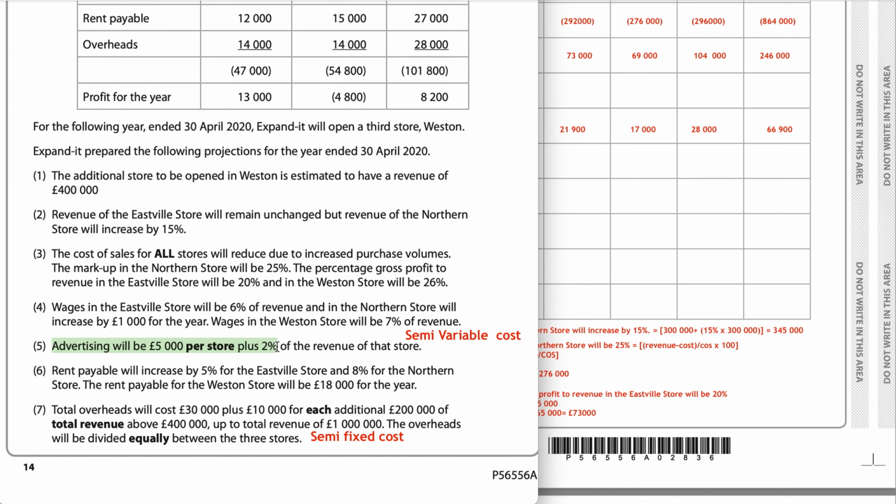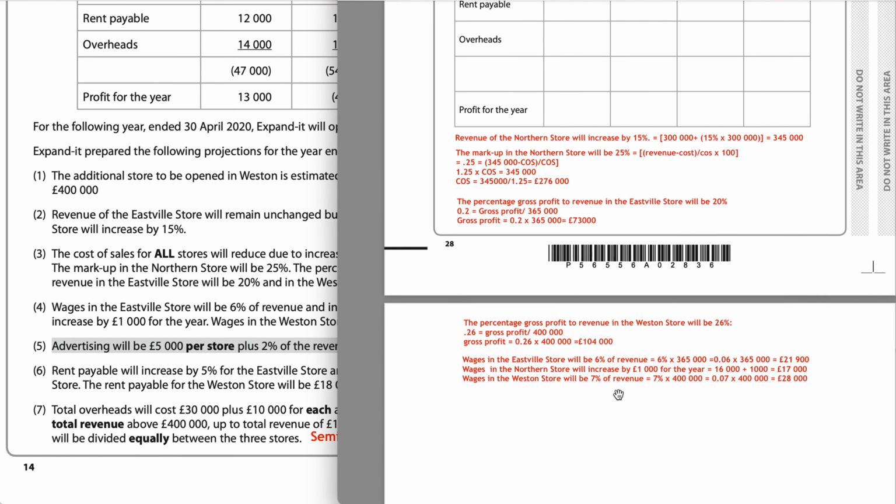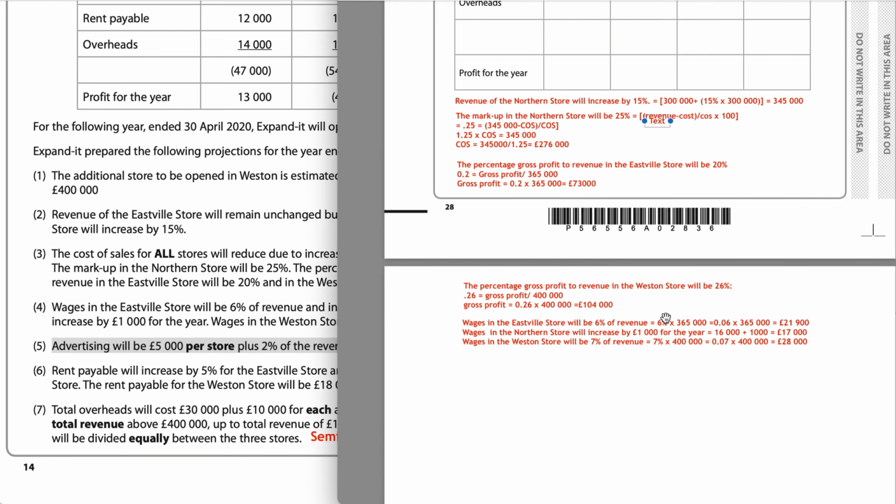Advertising, it says that it will be 5,000 per store plus 2% of the revenue per store. So let's calculate.